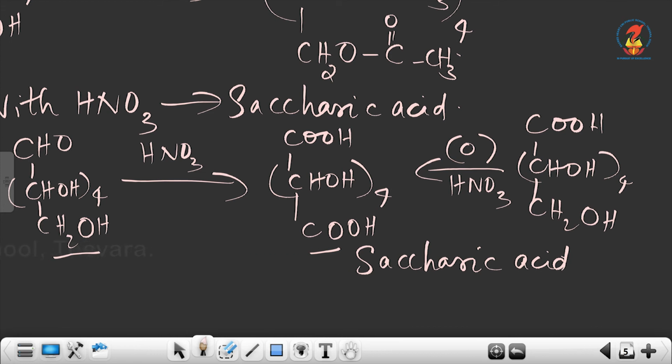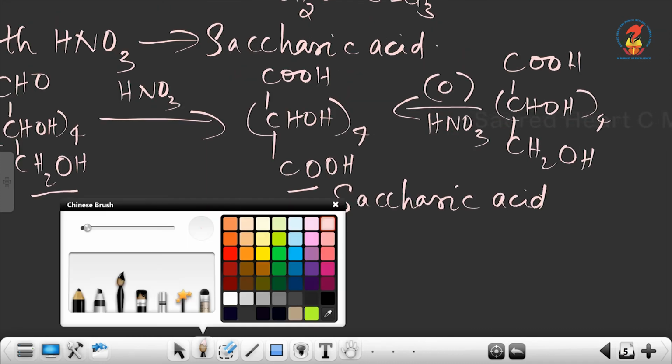And finally, the exact structure is given by Fischer, and let's see the structure of glucose. That is the Fischer structure of glucose.